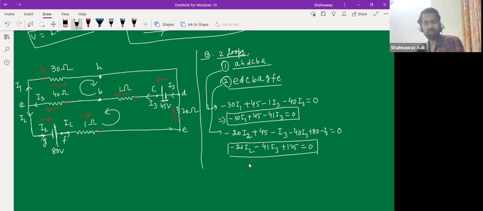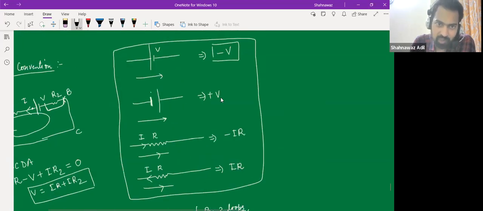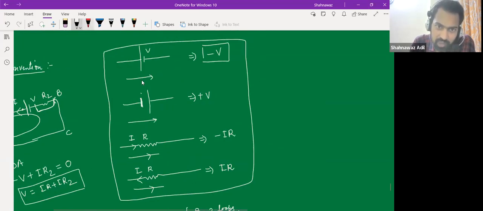Any doubt? Okay, so Aisha is asking about the voltage. You see, Aisha, whenever we are going in this direction and we first see the high potential, then the voltage would be negative. And whenever we first see the lower potential, the voltage will be positive.